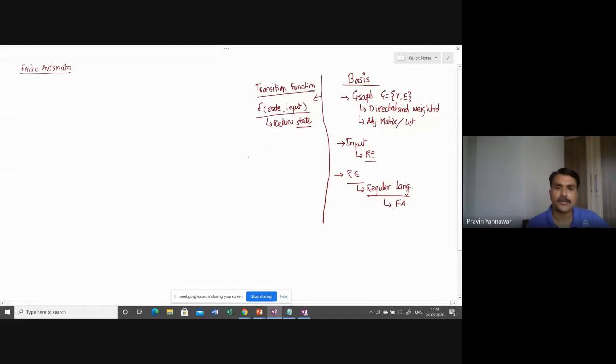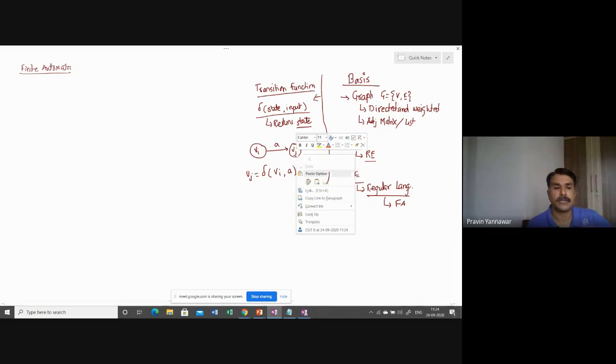Say, for example, you have a graph representation with a vertex vi, and from vi you reach vj with a particular input. Then this transition function is written as delta of vi comma a, and the result of delta of vi comma a is vj. So try to understand this example so that you can proceed further. Is it okay? So this is important.